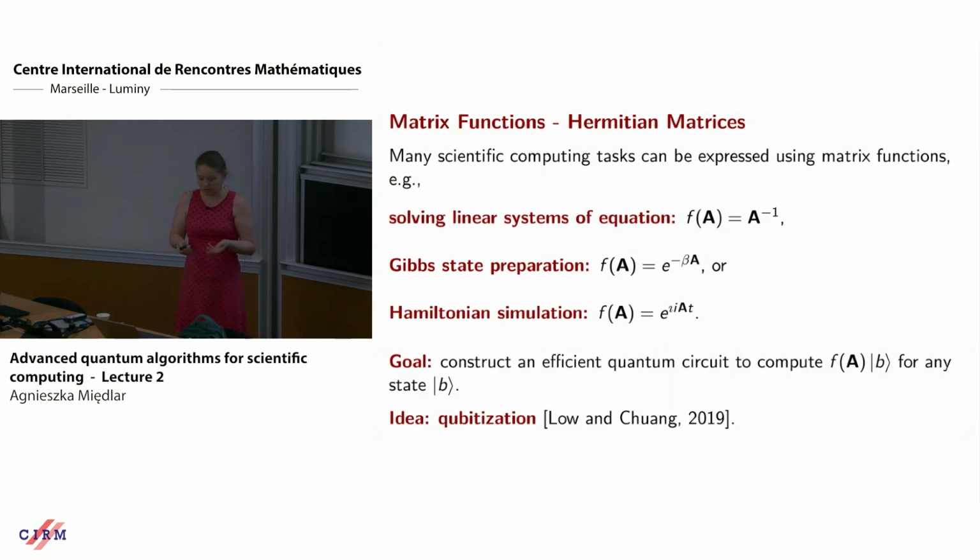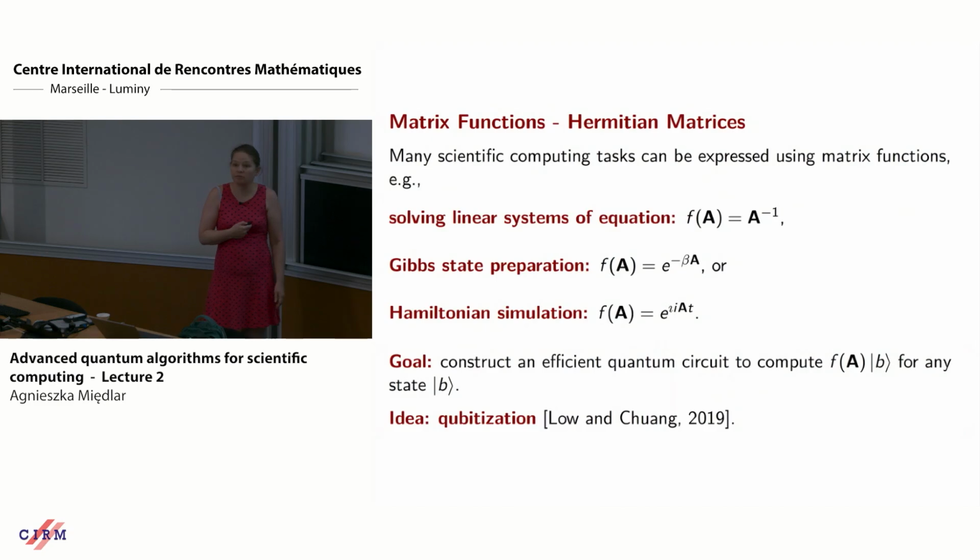So if I want to solve a linear system, you can say, okay, this is the same as evaluating a function of A. This function is the inverse of A for a non-singular matrix, applied to vector b. And then I will get the solution of the linear system. If you're interested in more application-motivated problems, Gibbs state preparation is a function of a matrix, and then you may ask yourself what that means.